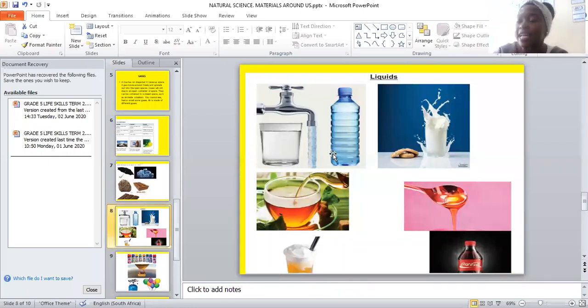If you spill water on the floor, what is it going to do? It's going to spread out, right? It's not going to take shape. Yes. And we have milk, and we have tea, and we have honey, and also cool drink.